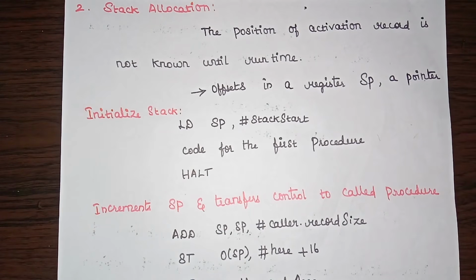This position is usually stored inside a register, and in the activation record we can access it with the help of an offset, and that offset value can be taken from the register. Here we have the indexed address mode of our target machine, so it is convenient to use that indexed addressing mode. We will see how we can use that addressing mode, and how this stack allocation happens in the given instructions.